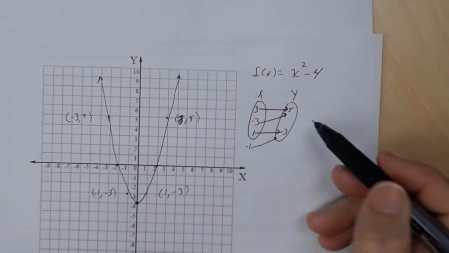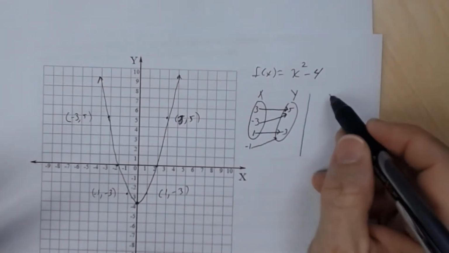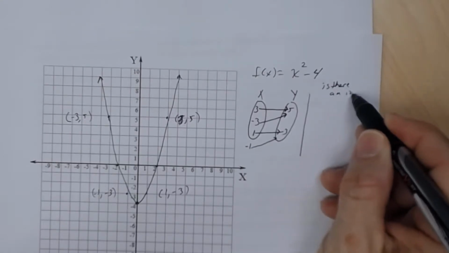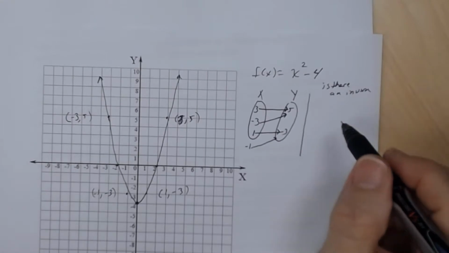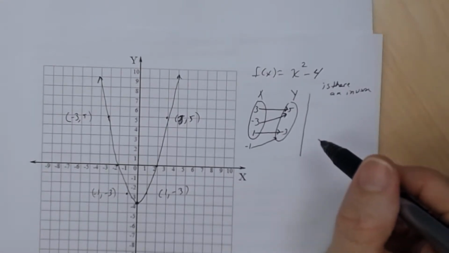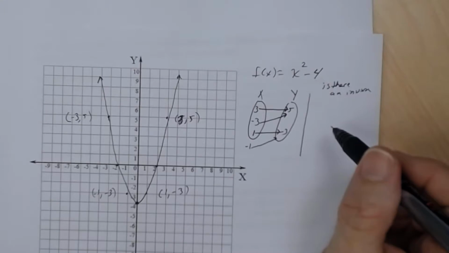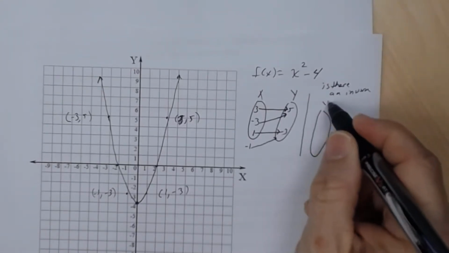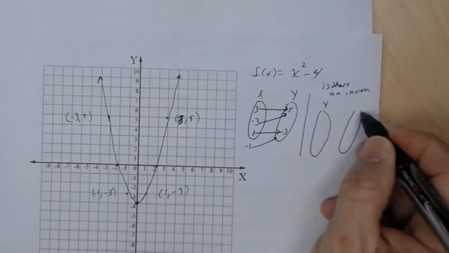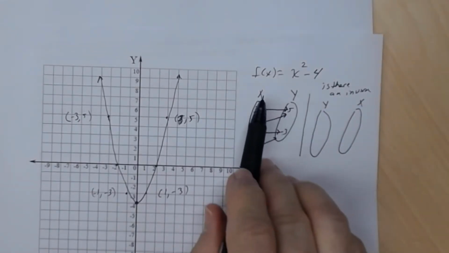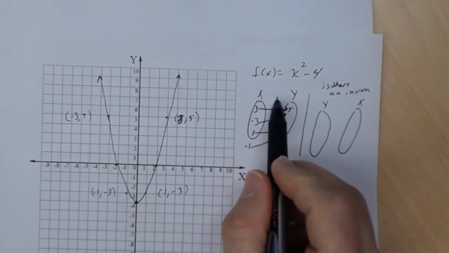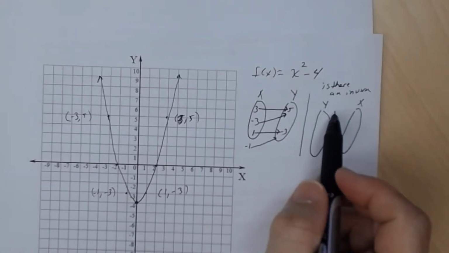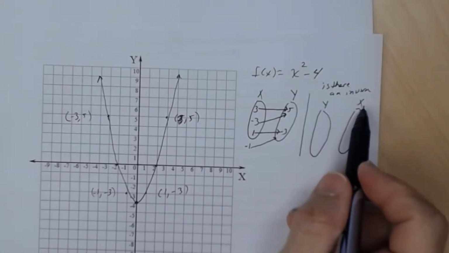Now let's talk about the inverse. Is there an inverse? Remember, in order for there to be an inverse, it's got to be a one-to-one function, meaning that for each y, there's got to be one x. For a function, I started with x and looked to see what the y value is. To determine if it's one-to-one, I start with y and then look at my x value.